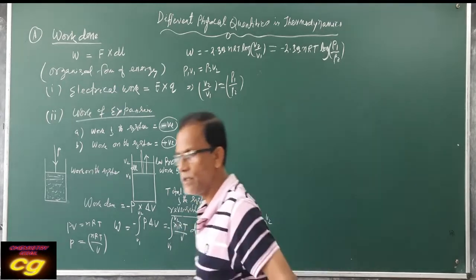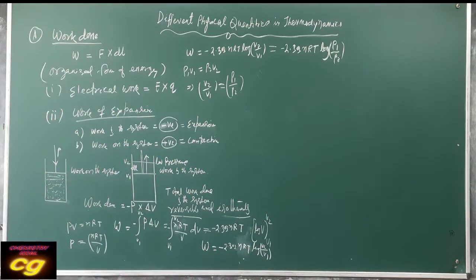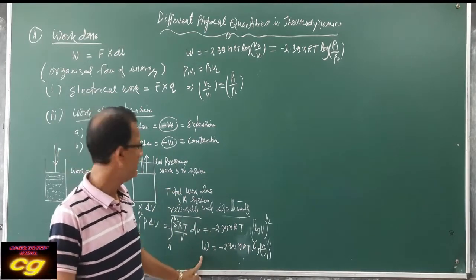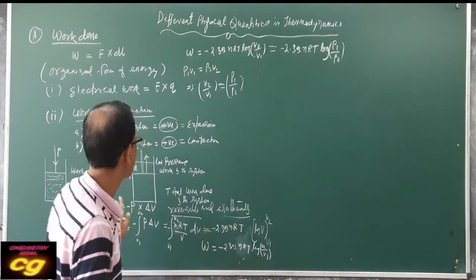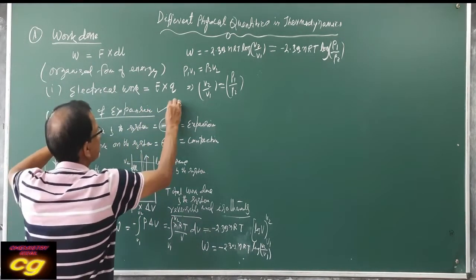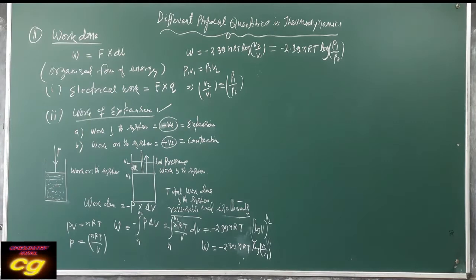So we can write different equations. This is the derivation of work done by the system isothermally and reversibly. So this is the calculation of work done, that is called work of expansion.